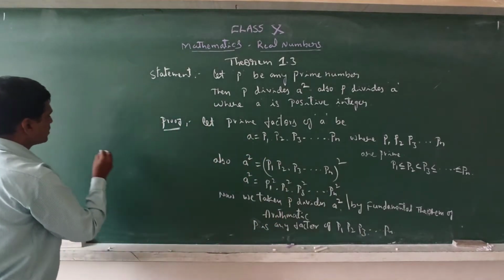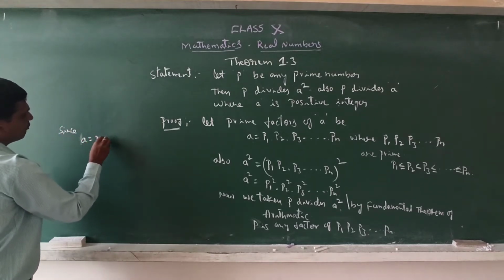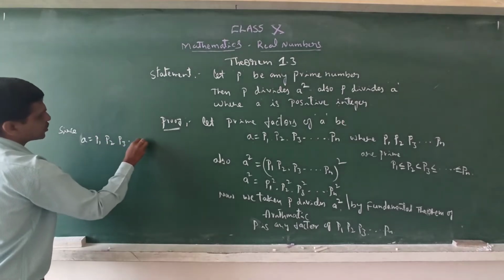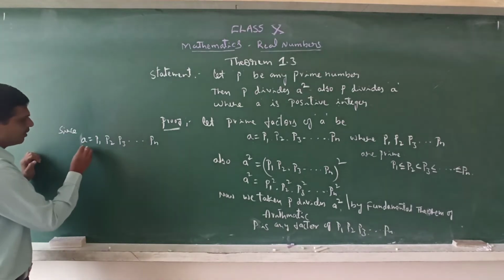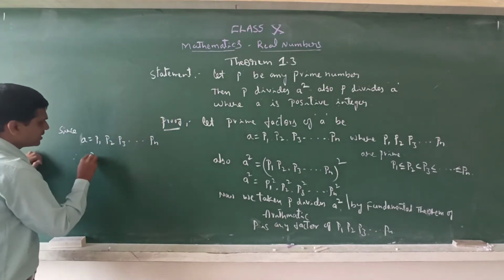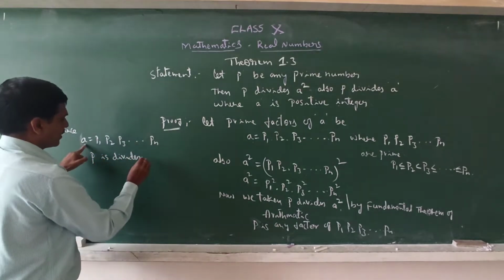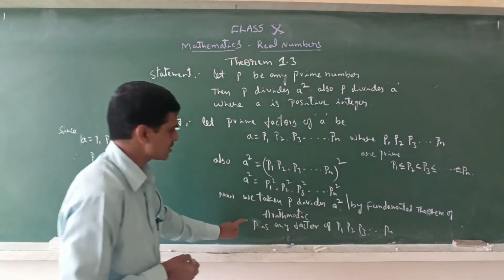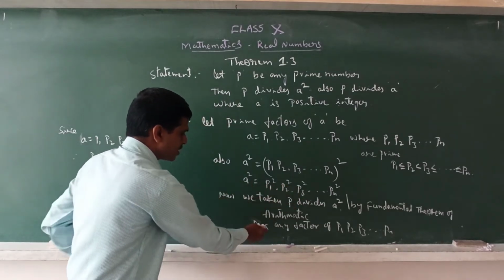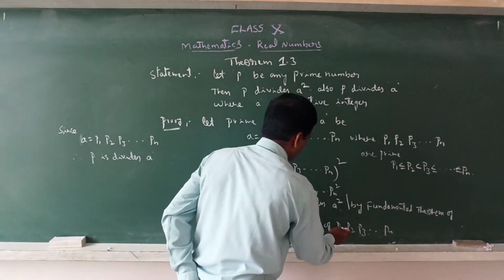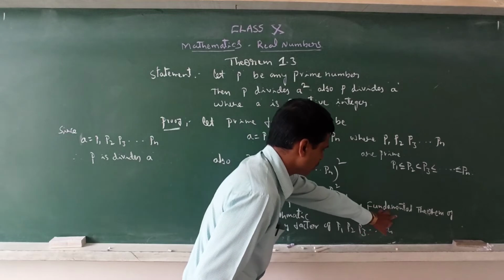Since it is given that a is equal to P1, P2, P3 and so on, and P divides a square, P is a factor of the given terms, otherwise it becomes P1 square, P2 square, P3 square up to Pn square.